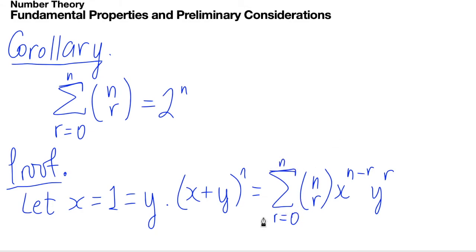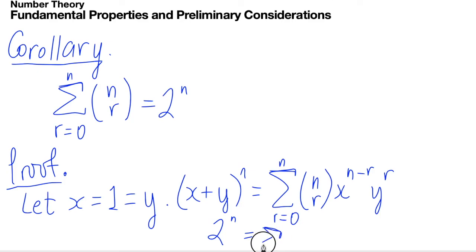Let's let all the x's and the y's be equal to 1. Clearly here 1 plus 1 is 2, so this is 2 raised to n. We cannot do anything with the summation notation, so I think we just need to copy it, though I'll try to make it fit.